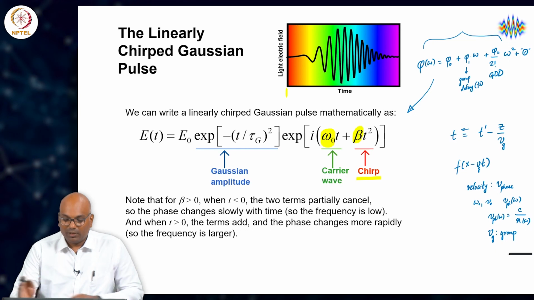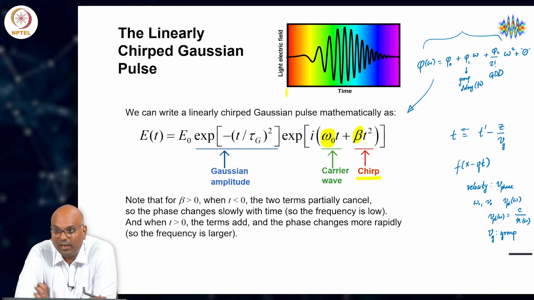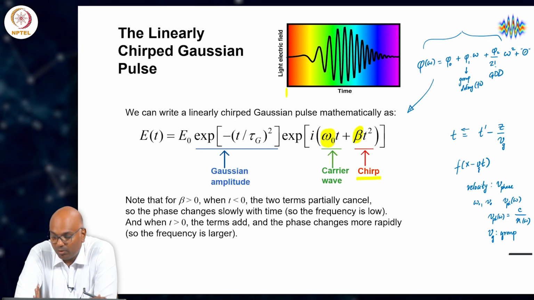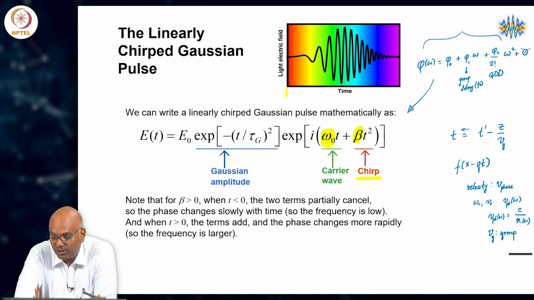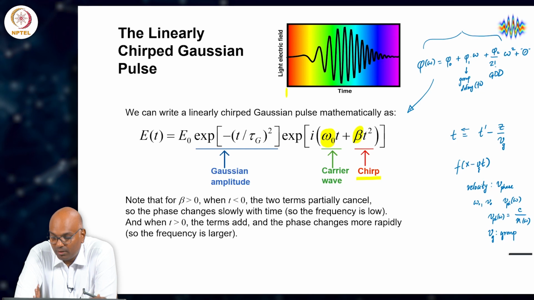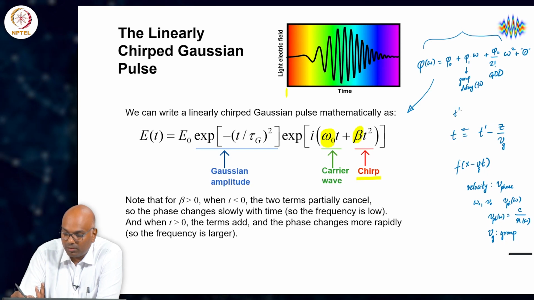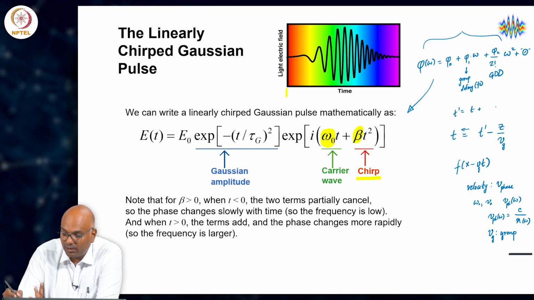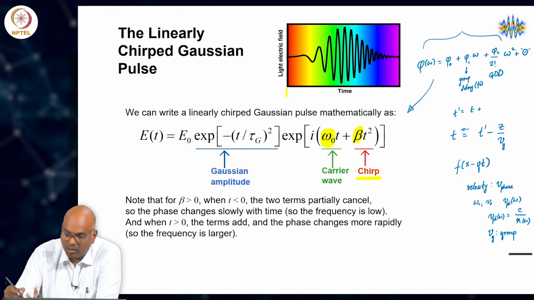But what he says is that we are now using a scaled, or a Lorentz transformed, if you wish, time variable, which is t prime. t is t prime minus z by Vg, or t prime is t plus z by Vg.